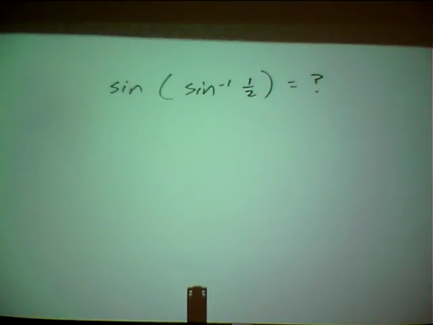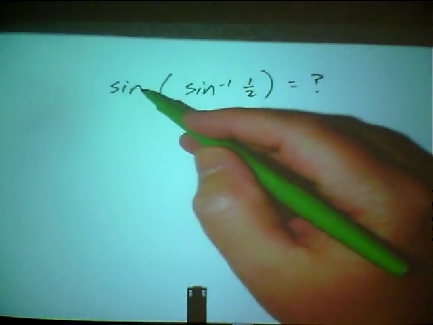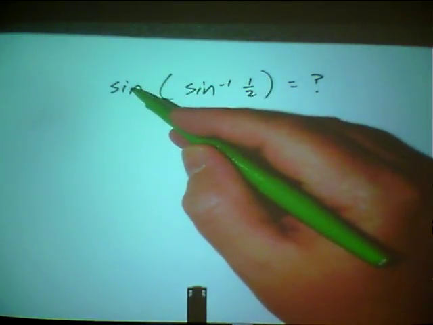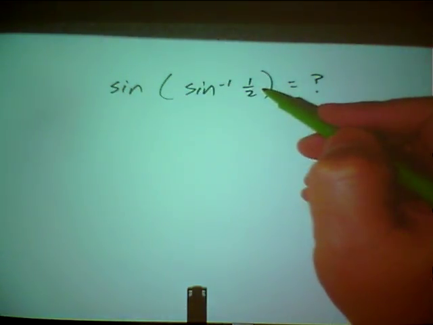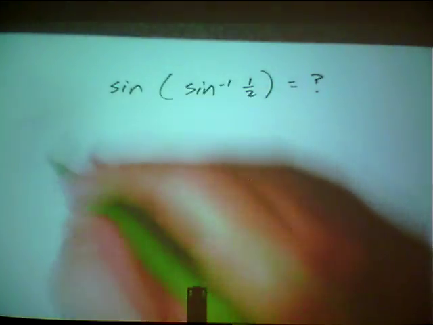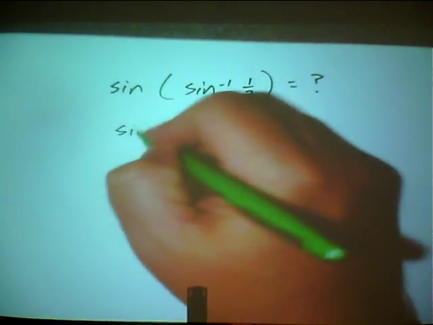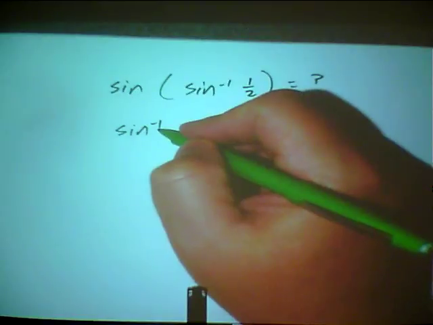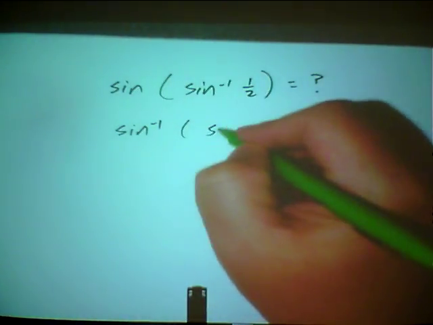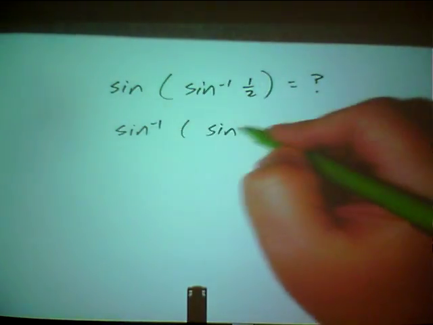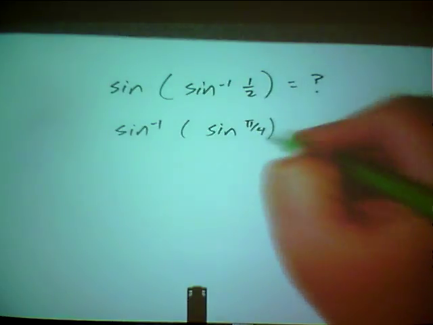First of all, there are two kinds. First, we have the sine of the inverse sine of 1/2, but then later on you see there's a problem where you take the inverse sine first. So you have the inverse sine of the sine of pi over 4.